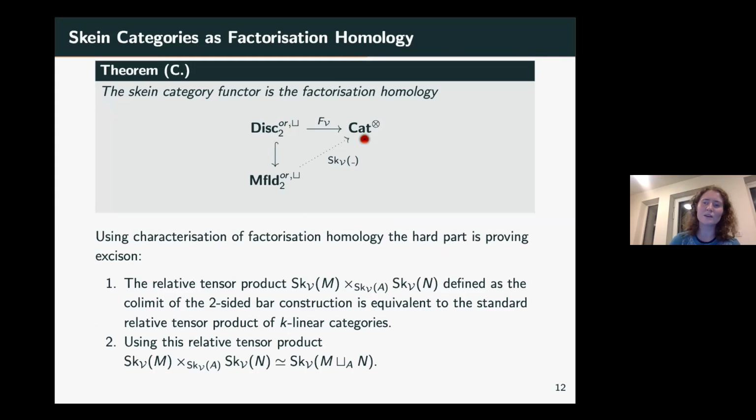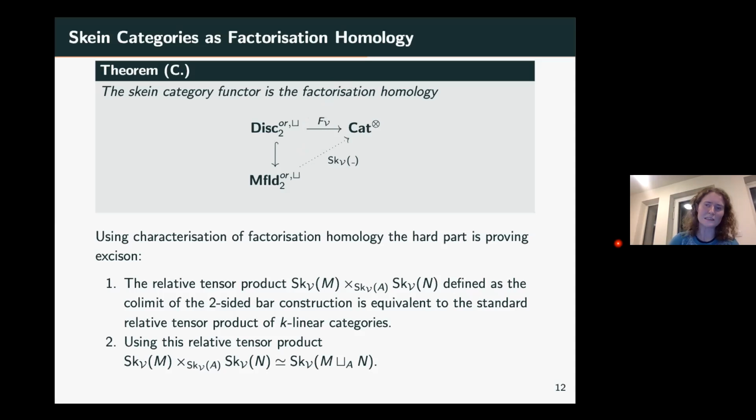If you have a ribbon category, you can construct a framed E2 algebra from that ribbon category, which I call FV, and the Skein category is the factorization homology of this framed E2 algebra. And using the characterization that I mentioned earlier, basically the only hard bit to prove about this is the excision result.